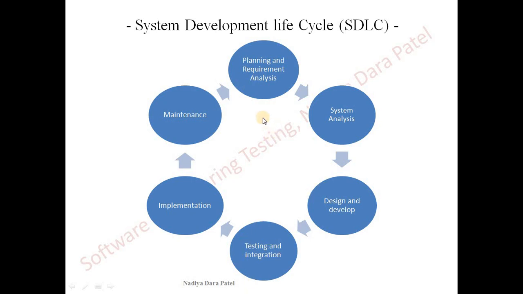As we all know, every team is supposed to perform their work correctly. If the planning and requirement analysis team have some problems in gathering the requirements, it is definitely going to reflect in the system analysis. It is definitely going to reflect in the design and develop phase, and this is going to hamper and take a lot of time.